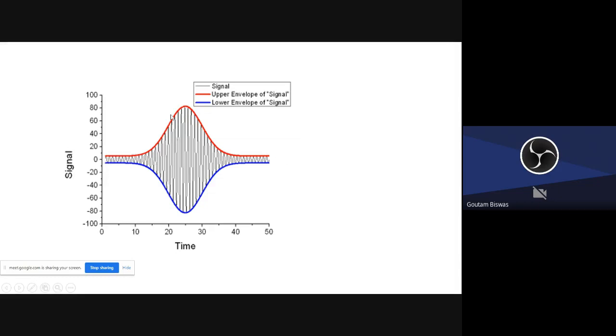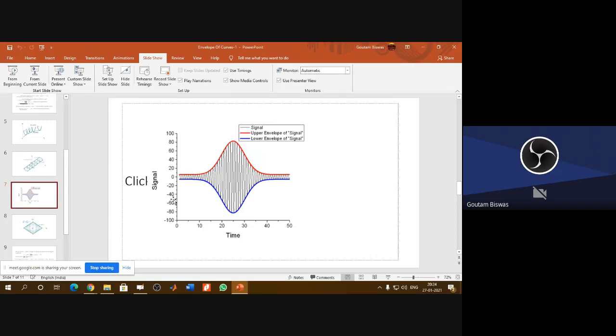This is the signal. Now this curve is touched by each point of this family of curves. Each one is a family. Small, small, small. This is a curve. This is another curve. And this one is also another, the lower envelope and the upper envelope of the signal. So this is a practical application of the envelope.